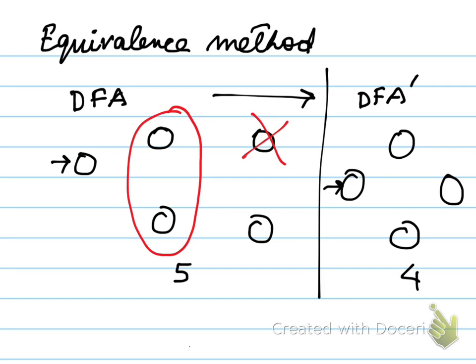In the case of eliminating states, I cannot eliminate just any state. I have to eliminate only a certain type of state which does not contribute much to our DFA, and these types of states are called unreachable states.